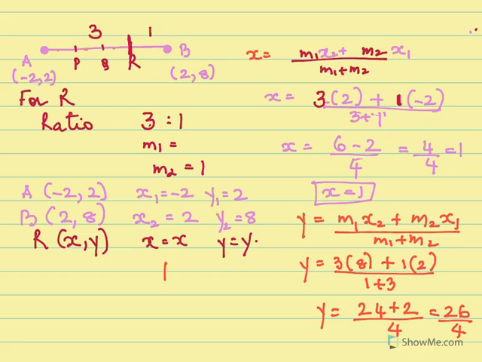So your point R has coordinates 1, 26 by 4, and if you reduce it, it becomes 13 by 2. So your 3 points were P, Q and R. One point was -1, 7. Another point was 0 and 5, and your third point was 1, 13 by 2. These divide the line into 4 equal parts.